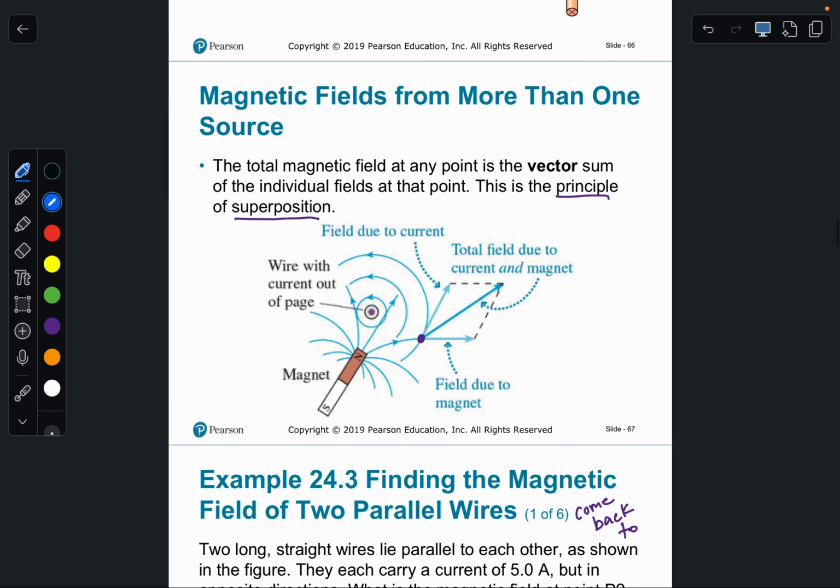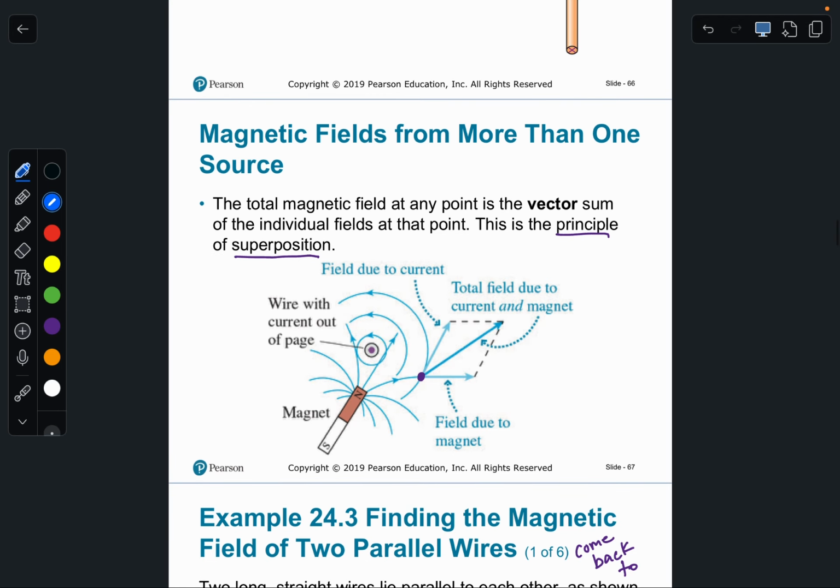Just like electric fields, magnetic fields are vectors, and you add them together like you do with any old vector. If you have a point in space you want to know the magnetic field of, like this blue point right here, and there are two sources of magnetic fields, then you need to add those two vectors together. Here we have a magnet creating a magnetic field, so you trace a little line and draw your tangent right there.